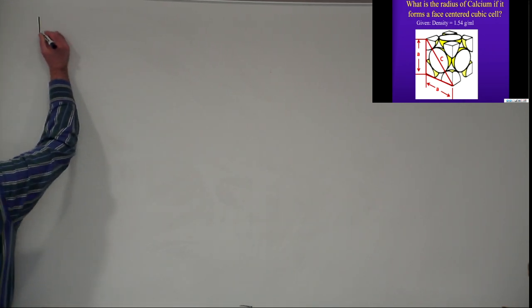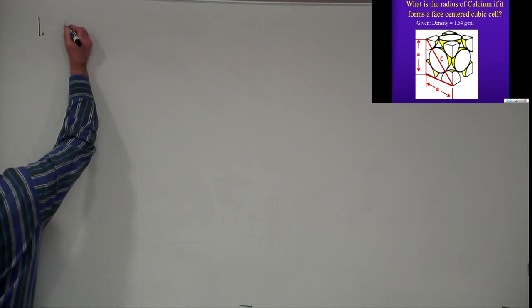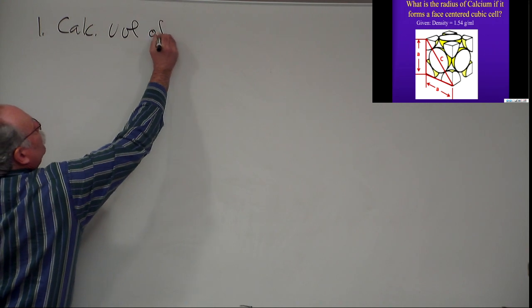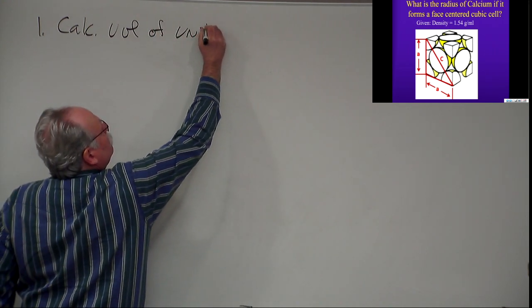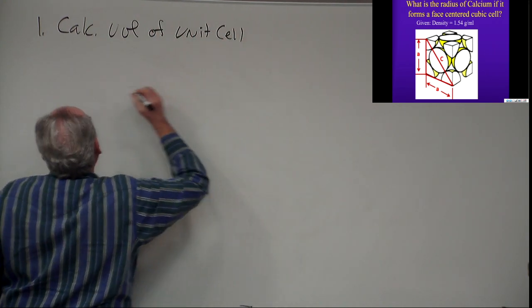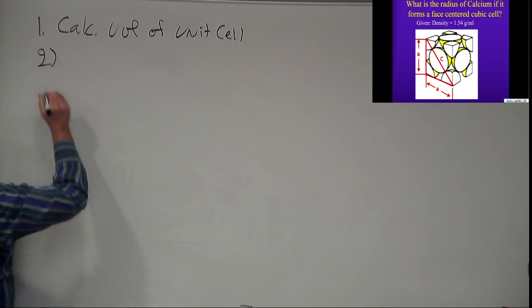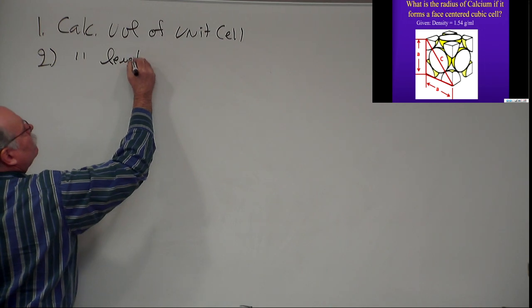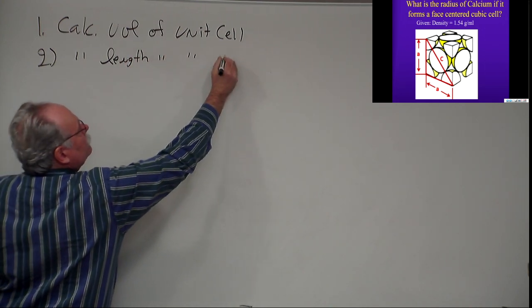That is, the first step is calculate the volume of the unit cell. The second step, once we know the volume, is to calculate the length of the unit cell.